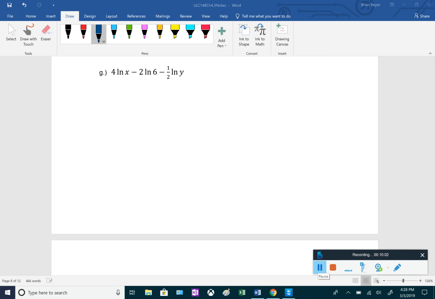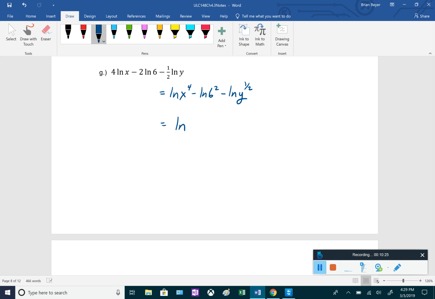Next one, we got 4 ln x minus 2 ln 6 minus 1/2 ln y. So we need coefficients of 1. So it's going to be the power rule first. So ln x to the 4th minus ln 6 squared minus ln y to the 1/2. So we can combine them all into 1 ln.